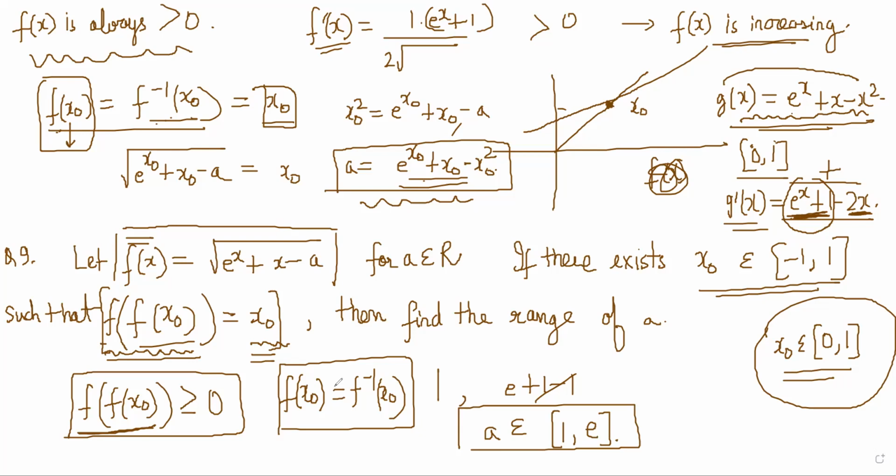So the solutions of such an equation, where an inverse and a function are said to be equal, is always going to be f of x is equal to x. That point is the solution. So if you put f of x naught is equal to x naught, you will get a value in terms of x naught, and you have to find the range of a. So then this is like the range of this new function.